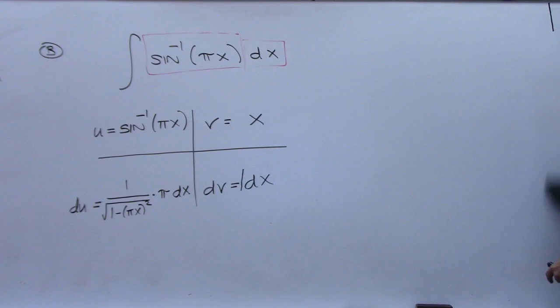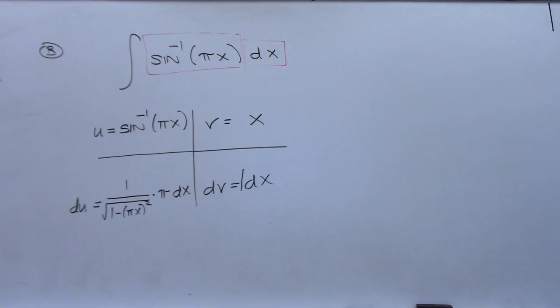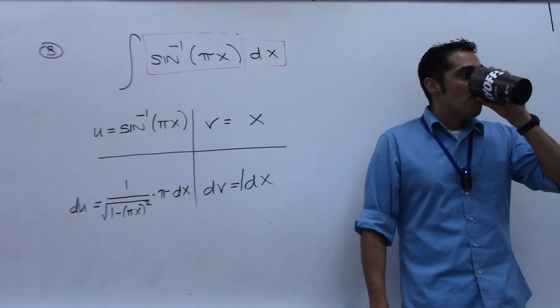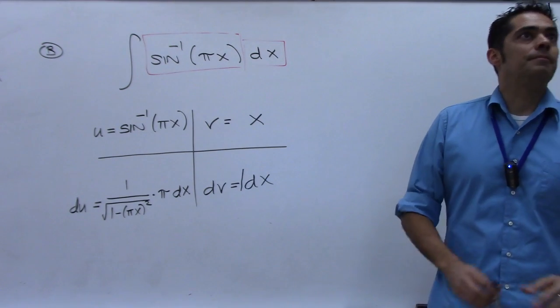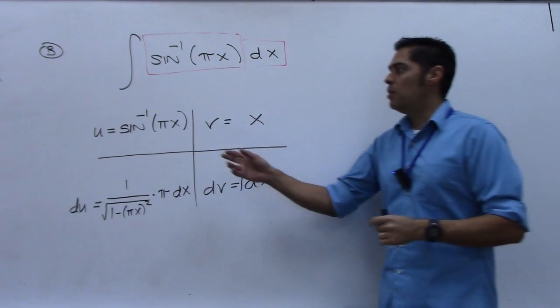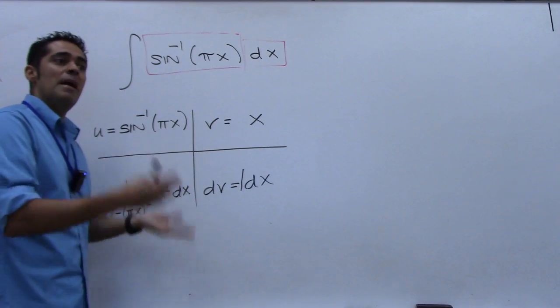Understand? Okay. If you're working and you're a little unsure which one to set up for your table, is that a nice quick check? It's going to put me right where I started. If you're ever trying to set du to be dx, you know right away you're going to get back to the original integral.